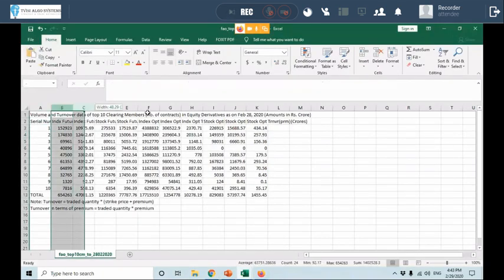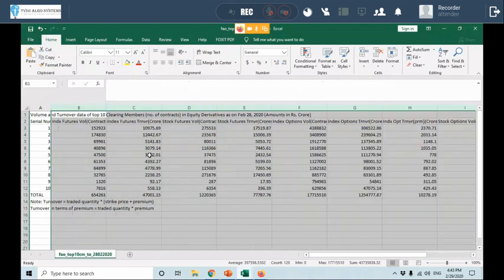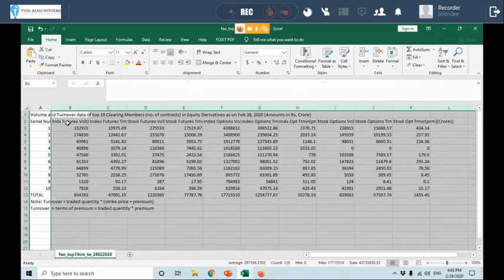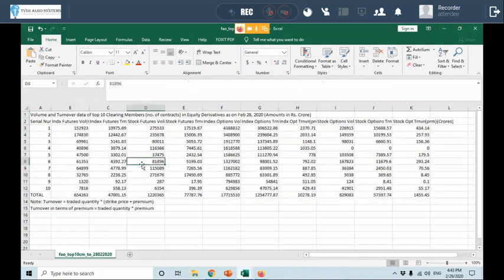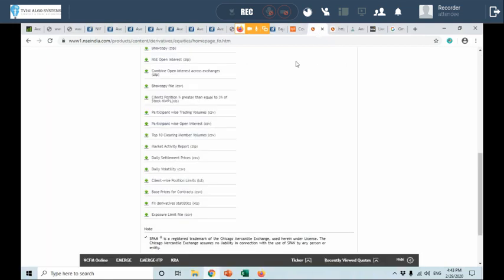Not interested. Basically it shows the volume done by the top 10 members of the Nifty. I have never analyzed this data. I'm not sure whether you can infer anything, but we have this data. Participant wise open interest, this we have covered.